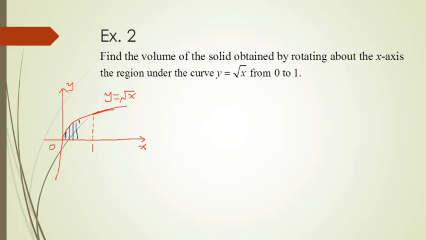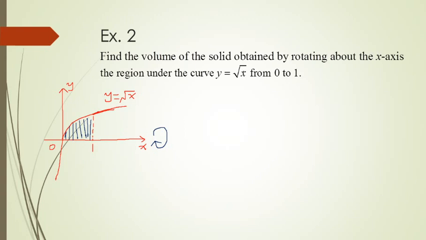How can you rotate it? Rotate this region about the x-axis, so we draw a sign like this one. If we rotate about the y-axis, we do it this way. So it's about the horizontal way. You rotate this region about the x-axis, so you get a solid.